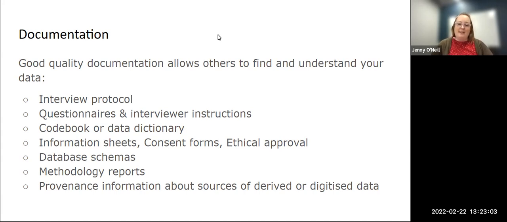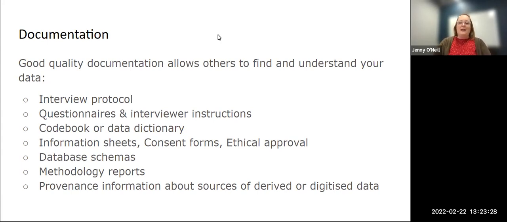And then if you're using existing research data, so if you're using data from an archive or an existing repository, keeping provenance information about those sources of data. So provenance information means where did they come from? So keeping a really clear record of where you found all of the images that you're now relying on, or the sound clips, or whatever it is.